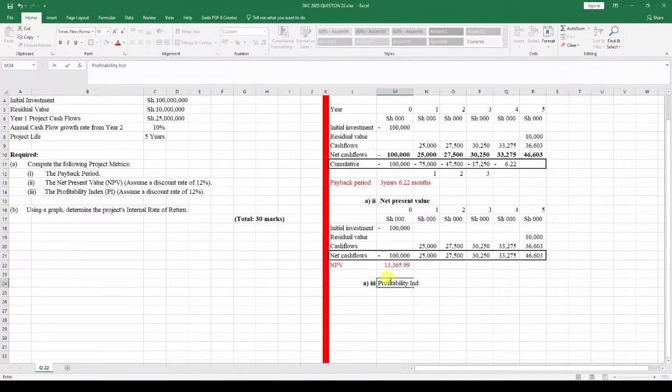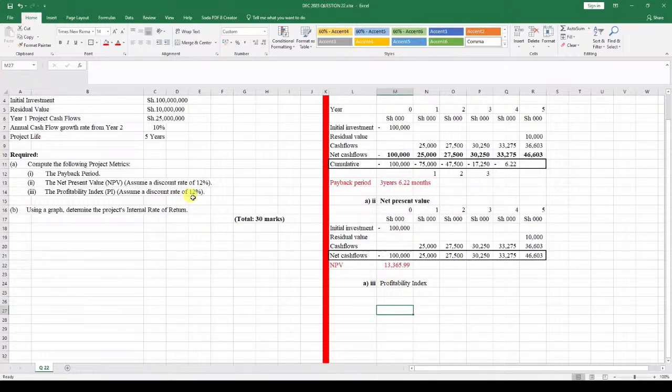Under the profitability index, we get the present value of cash flows divided by the initial cash outlay. That gives us the profitability index. Any number greater than 1 means we go ahead and invest in that project. If it gives us anything less than 1, then we reject the project. And we are told to assume the discount rate of 12%.